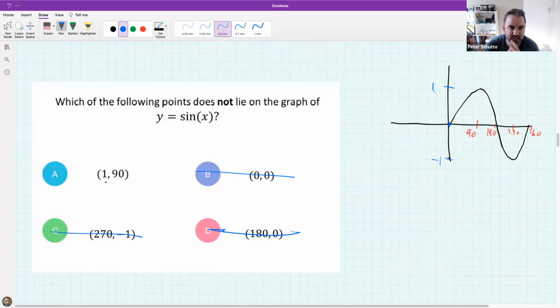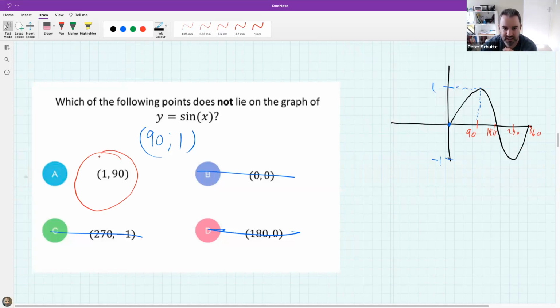The only one that doesn't work to me is 190, because this should actually be 91. So 90 for x, and then across over here. So for me, it's a bit of a tricky one, but that is the one that does not lie on the graph.